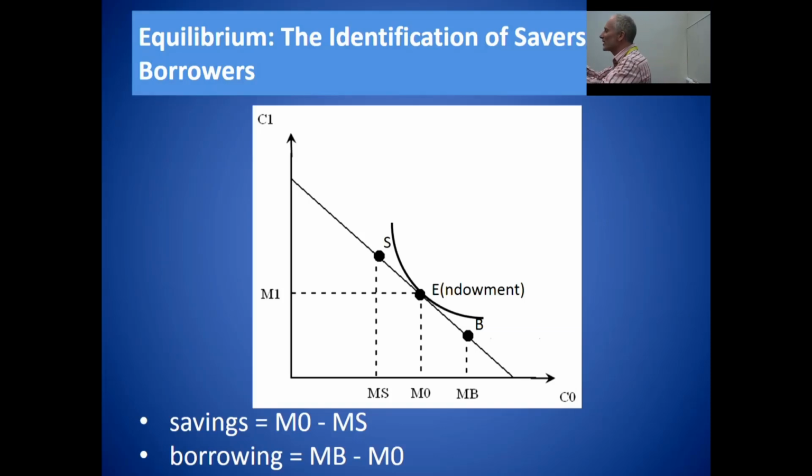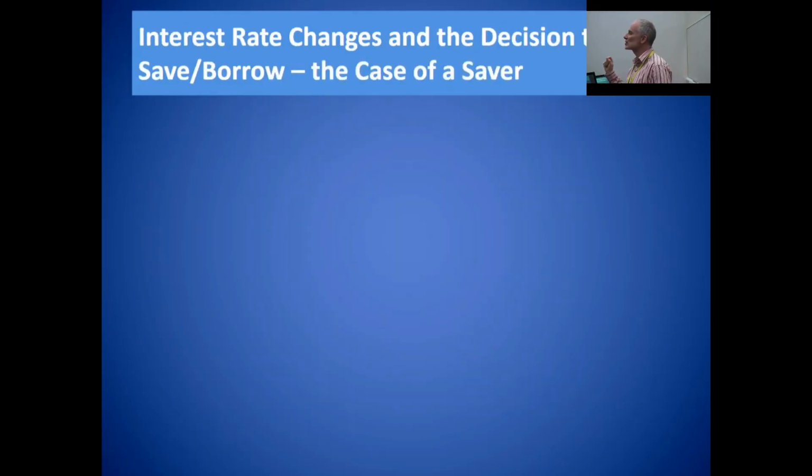So those diagrams that are on the back, and the text that goes with it, we're not going to do. This is the last thing we're going to do for today: we're just going to go through that one diagram that remains. And that is what happens to a saver when the rate of interest increases.